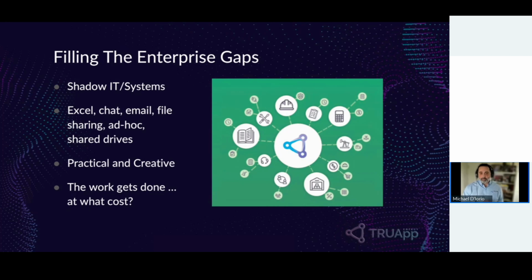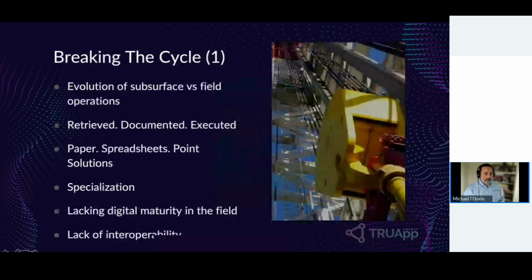Next. So, breaking the cycle. This is the area where we're talking about reversing the outdated, inefficient workflows and the cost controls that are embedded within maintenance and asset integrity. Where the opportunity exists, it all resides in innovation.